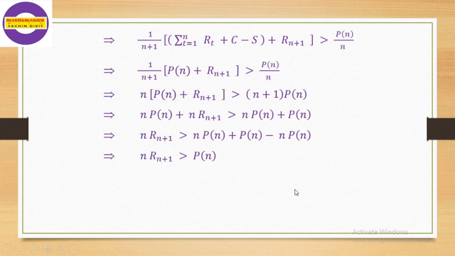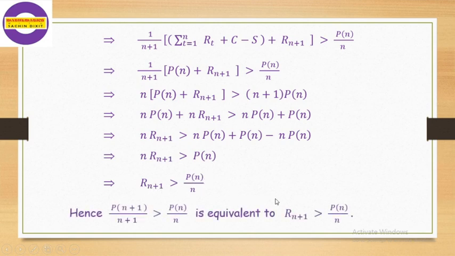Now just divide by this n, we get Rn plus 1 is greater than Pn upon n. Hence, this inequality P of n plus 1 divided by n plus 1 greater than P of n divided by n is equivalent to R of n plus 1 greater than P of n divided by n. This will exist. We have to check this when we solve some problems on the replacement.